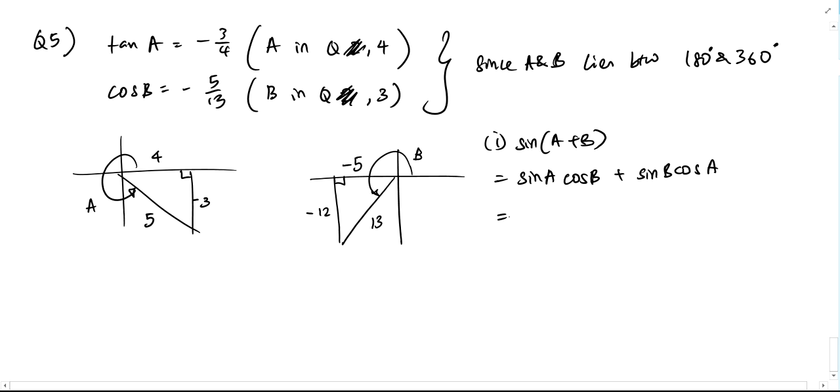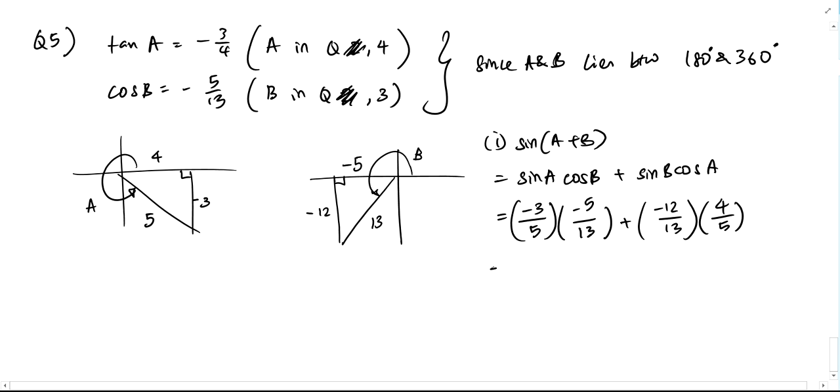So sine A, opposite, so negative 3 over hypotenuse 5, multiplied by cosine B, adjacent, negative 5 over hypotenuse 13, plus sine of B, negative 12 over 13, and cosine of A, adjacent, over hypotenuse. And our answer in this case will be negative 33 over 65. It is an exact value. No need to round off.